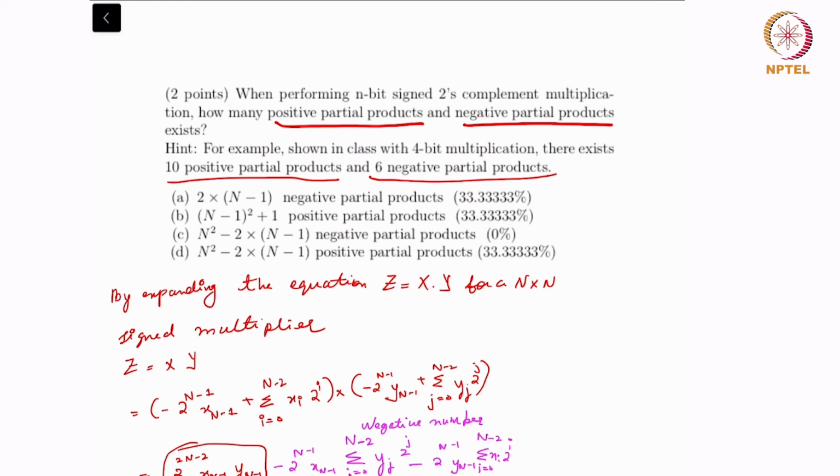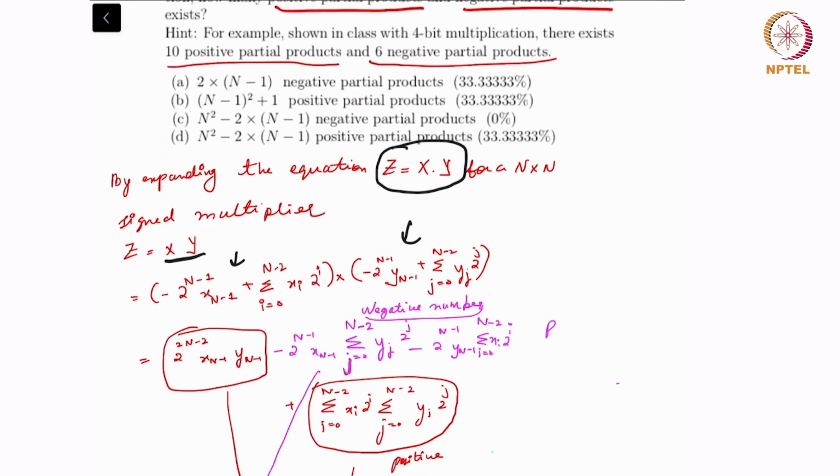So in this equation, z is equal to x into y. For an n cross n signed multiplier, we obtain this formula, right? This and this. So when you perform cross multiplication, we obtain the one shown in pink as the total number of negative partial products, and the one shown in red as the total number of positive partial products, right?